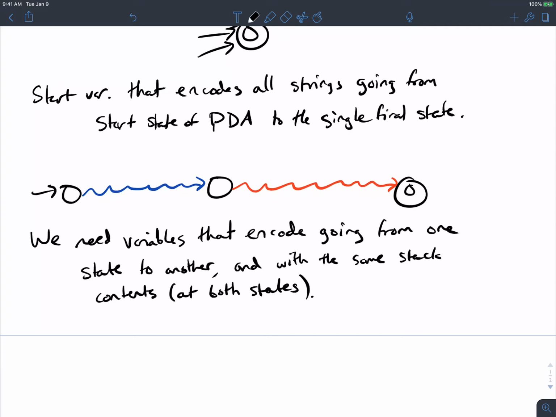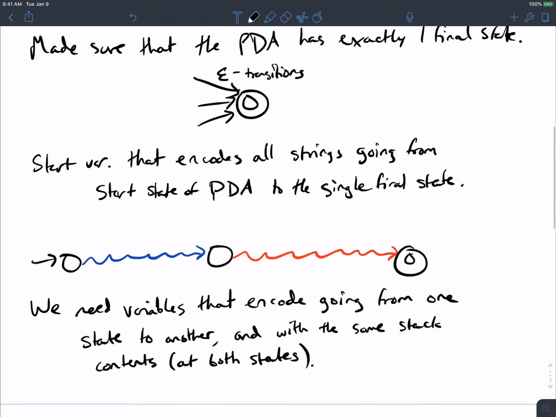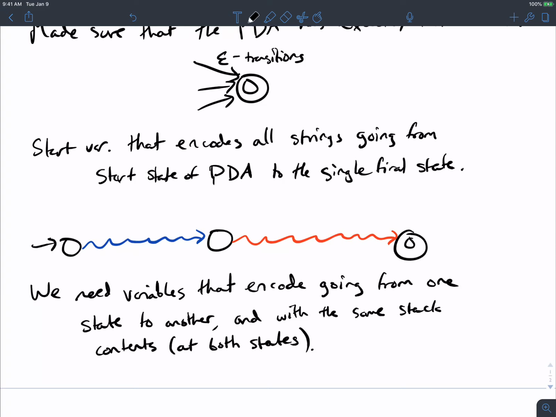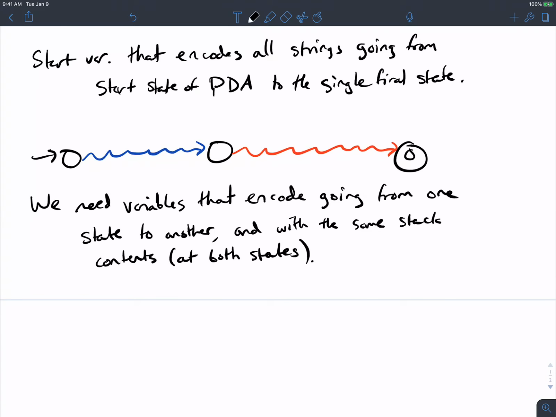But do PDAs have to end with an empty stack? No, the only thing that matters is reading the input. So we can't actually force the stack to be empty. Well, why don't we just have a bunch of transitions that just pop all the symbols off the stack? Well, the key there is if we're just popping things off the stack in that final state, we can't read anything, because we should be in a final state and never have to read anything else.